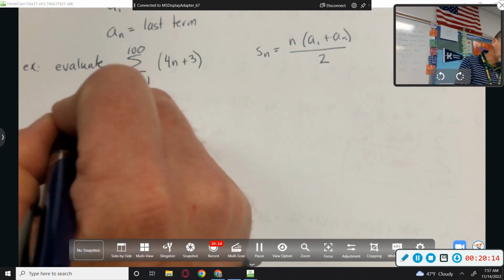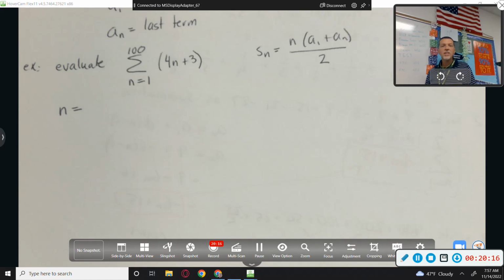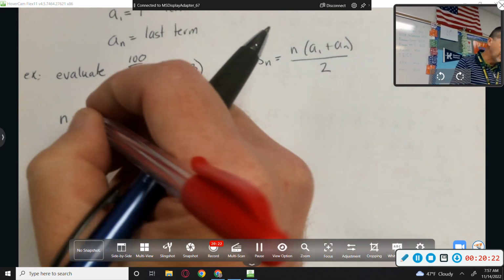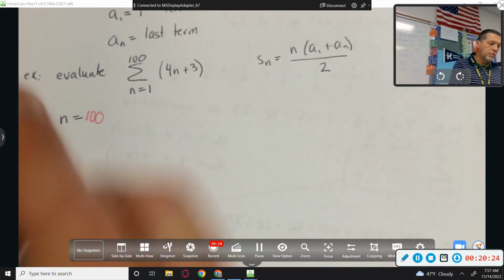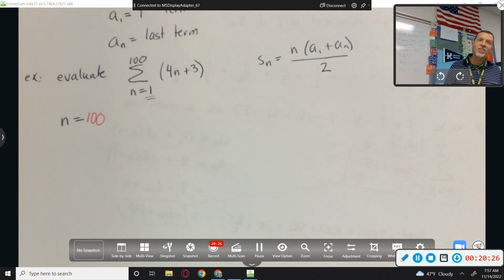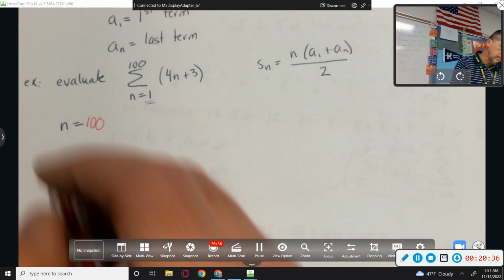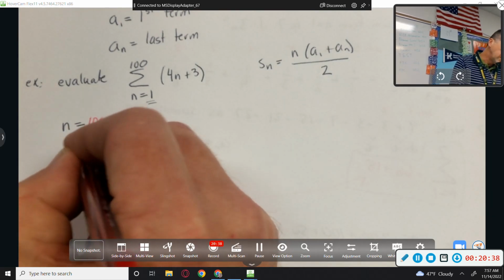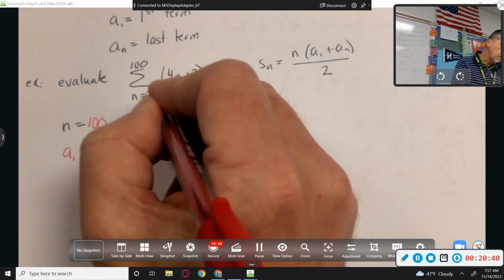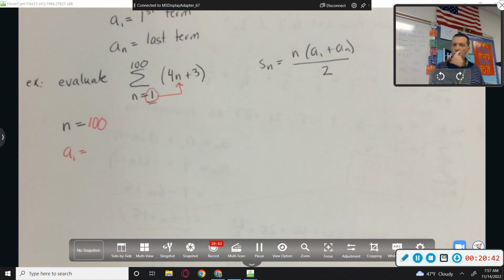So what's N? How many terms are there in this series? 100. You start at 1, you go to 100, that's 100 terms. Again, be careful, if it doesn't start at 1, then you've got to be real careful about how many terms there are. But if it starts at 1, all is well. For A1, we'll plug in our bottommost term.